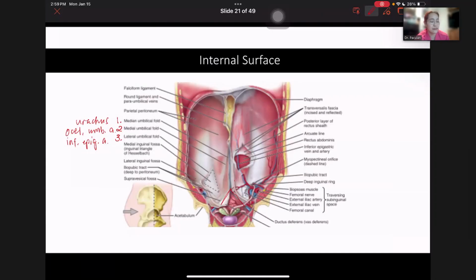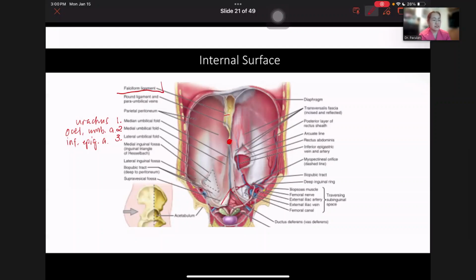That's called your falciform ligament. If this is your umbilicus, that is your falciform ligament. It extends between the superior anterior abdominal wall and the liver. It encloses the round ligament of the liver, which is a fibrous remnant of your umbilical vein.